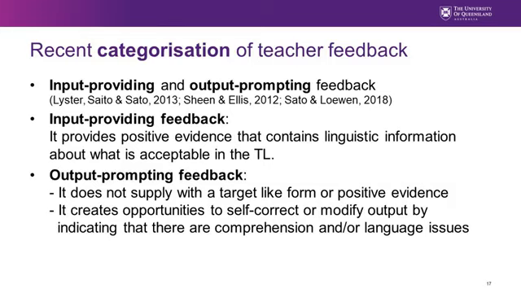Meanwhile, output prompting feedback does not supply learners with a target-like form or positive evidence, but it creates opportunities for learners to self-correct or to modify their output by indicating to learners that there are comprehension or language issues in their utterances.